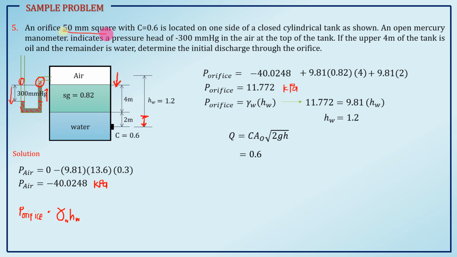Sabi, 50 mm square. O, ano ba yung 50 mm square na yan? Ang 50 mm square ba is 50 ganito? O, yung 50 mm square is the given dimension of the orifice. Meron ka daw square na orifice na 50 mm yung each side.